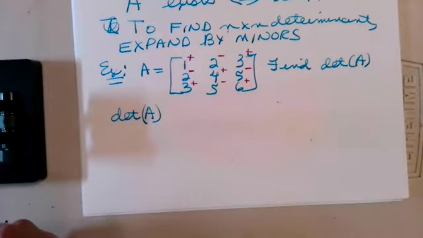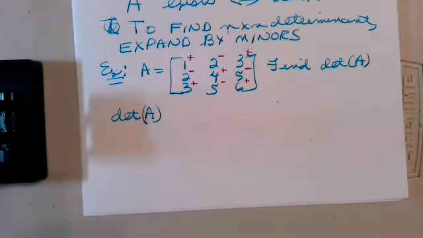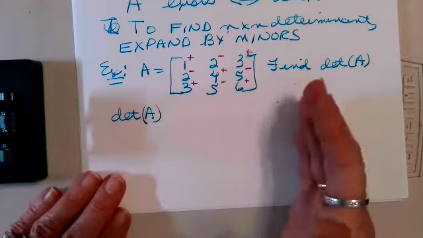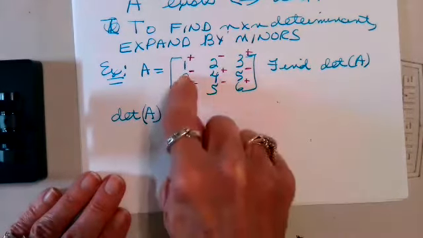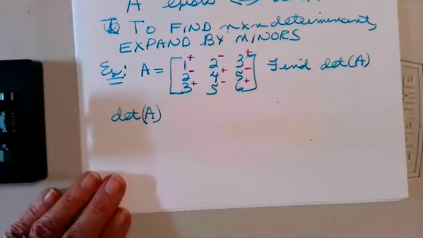Okay, and you keep that in mind, just sort of in the back of your mind that that's there. And now pick your favorite row or column. If you have one that has lots of zeros, be sure to pick that row or column. And you can expand along any row or column of your choice, but you have to respect the signs that are there.